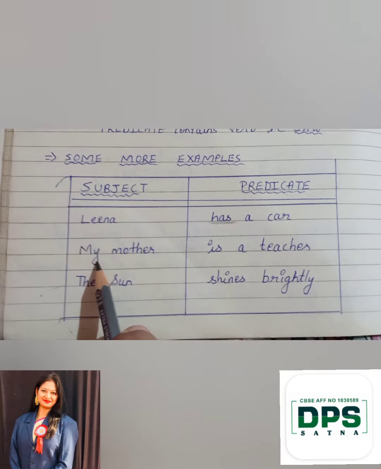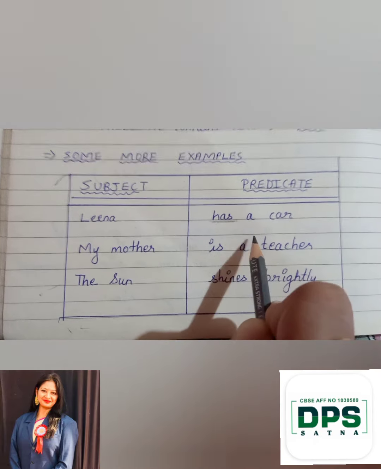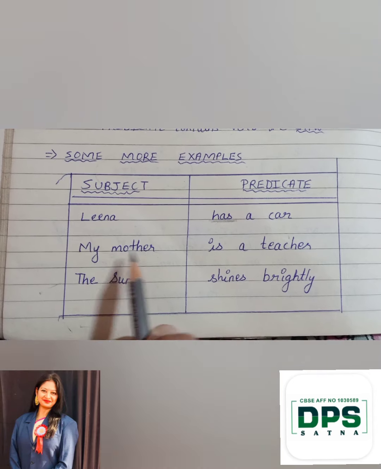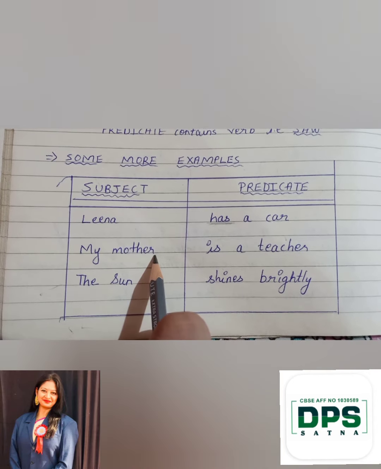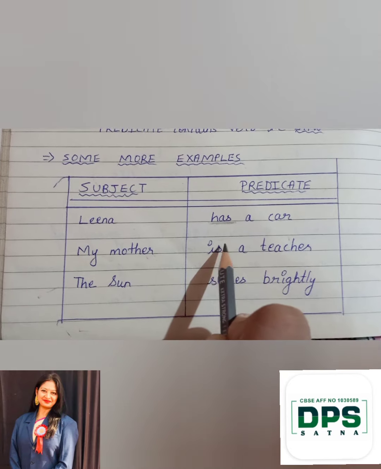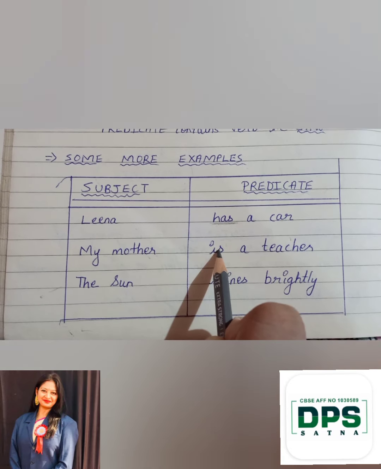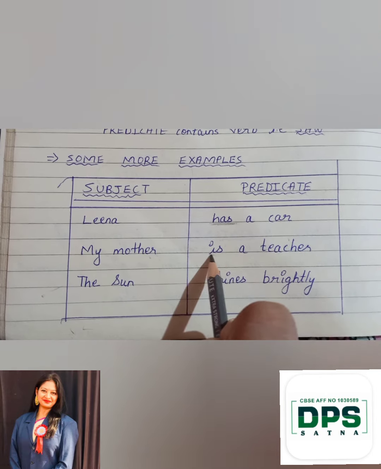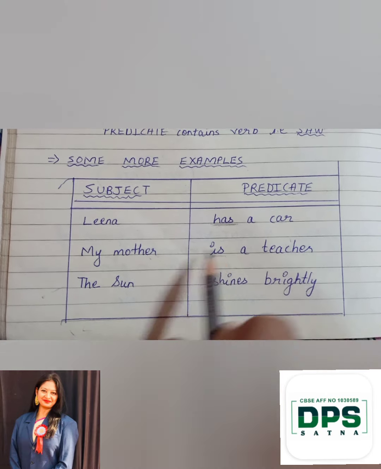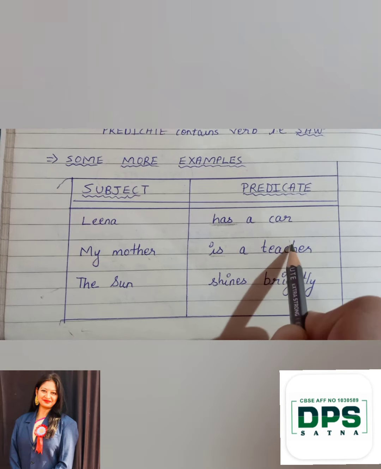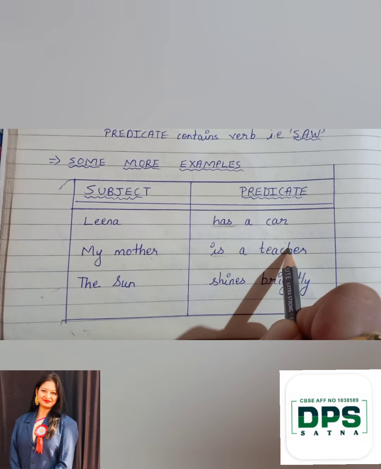Next is my mother is a teacher. Here your subject is my mother. We are talking about my mother. And what is my mother? She is a teacher. Is is your helping verb. So my mother is your subject and is a teacher is your predicate.